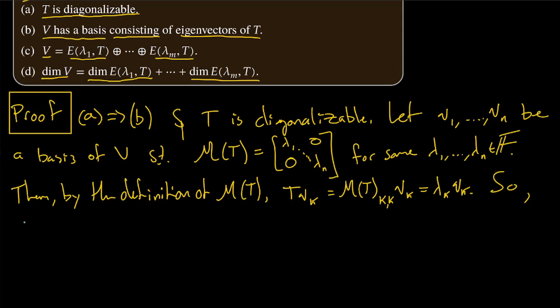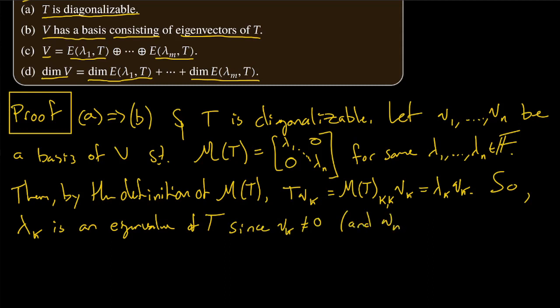So lambda k is an eigenvalue of T, and since vk is not equal to 0, vk is then an eigenvector.